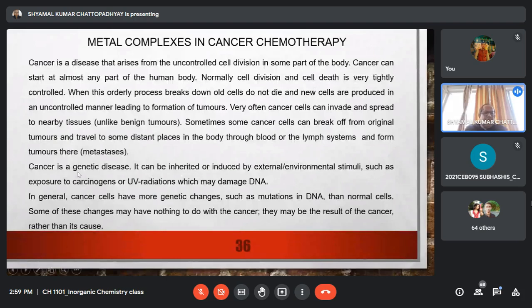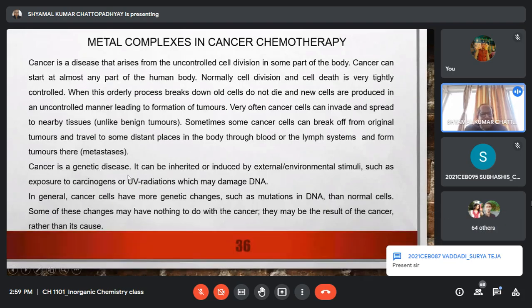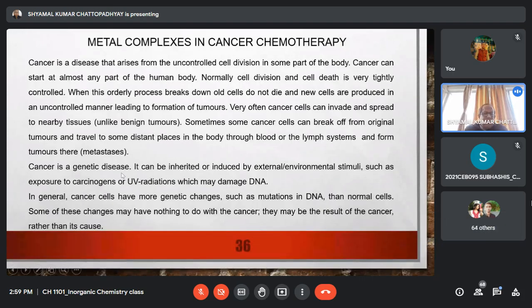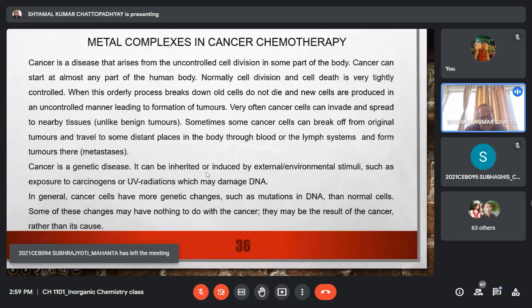Cancer, according to the NIH site, is a genetic disease. This genetic disease may be inherited. That means this defect of the gene, which causes the breakdown of the discipline regarding cell growth and cell death, may be inherited or it may be induced by external or environmental stimuli such as exposure to carcinogenic chemicals or certain radiations like UV and X-ray radiation.